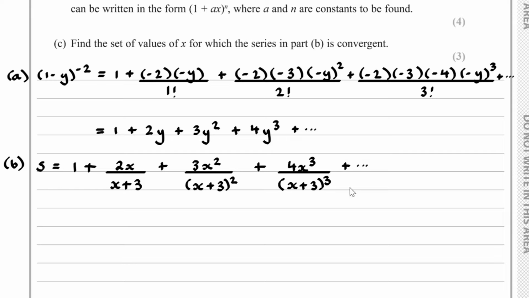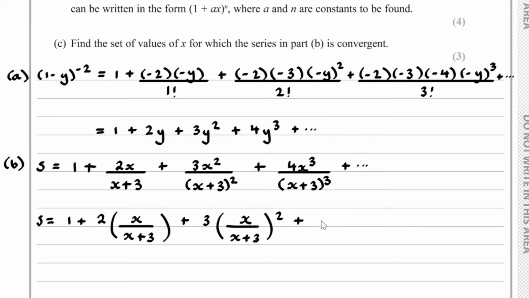Now, we've got our series S over here, and we can rewrite S as 1 plus 2 multiplied by x over x plus 3, plus 3 multiplied by x over x plus 3 squared, plus 4 lots of x over x plus 3 to the power of 3, so on and so forth.